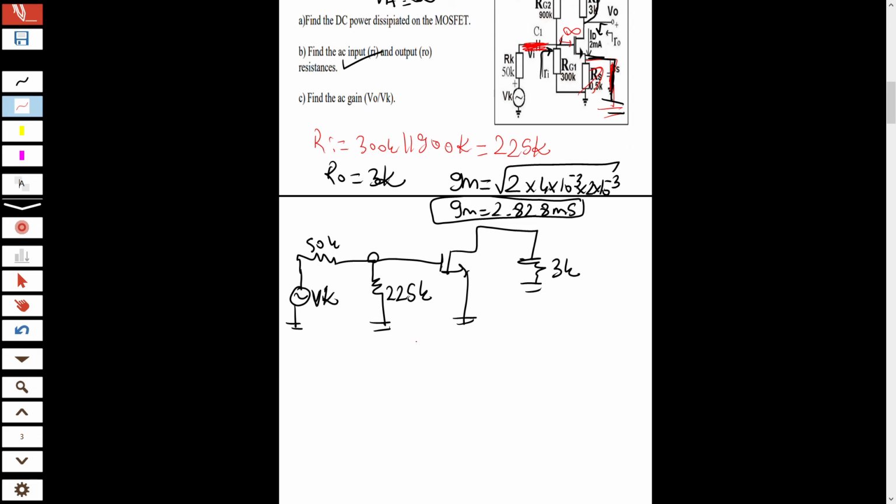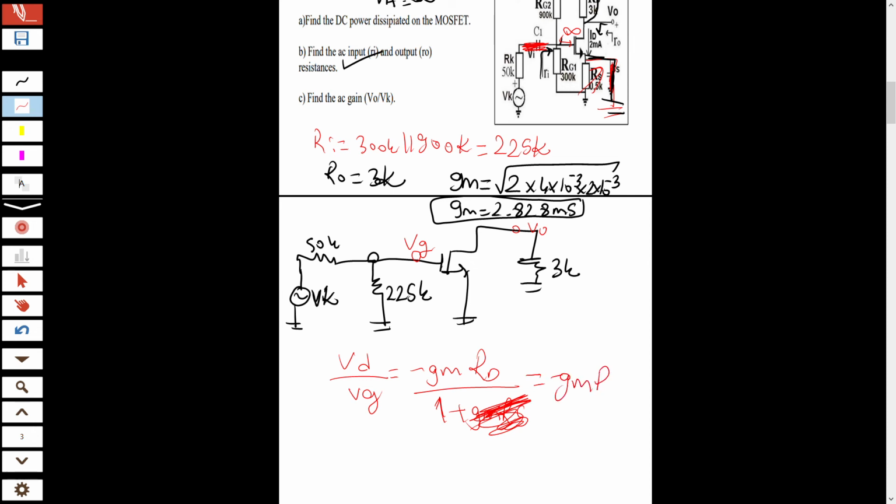Okay. When I look at the AC equivalent of this circuit, what do I see? I need V output over V gate. So what is this? V drain over V gate formula. It was equals minus gm times R drain over 1 plus gm R source. Remember the necessary formulation. But here in this question, R source is short circuited, so this term cancels, it's 0.